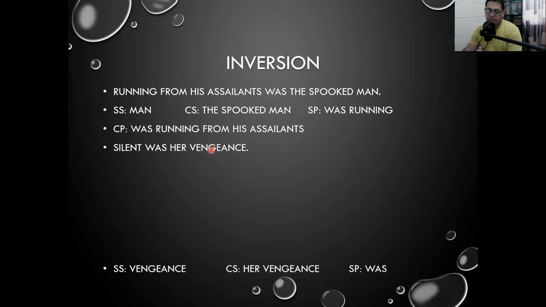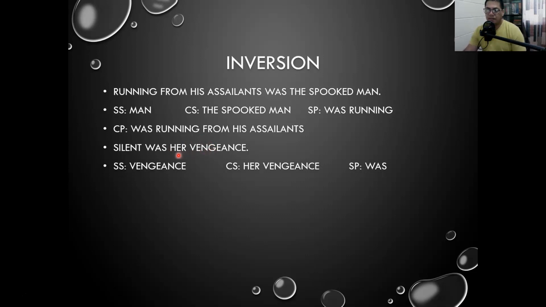The simple subject is vengeance. The complete subject is her vengeance. The simple predicate is was. The complete predicate is going to be was silent. And in here, you can ask the question, what? Her vengeance was what? Silent, direct object. No, not a direct object, because you are using verb to be.